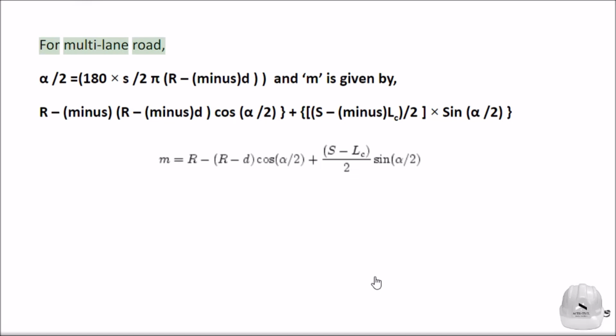For multi-lane road, alpha/2 equals 180 times S/(2 pi (R minus d)), and m is given by R minus (R minus d) cos(alpha/2) plus ((S minus L_C)/2) times sin(alpha/2).